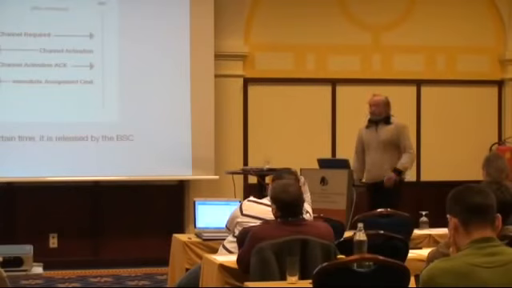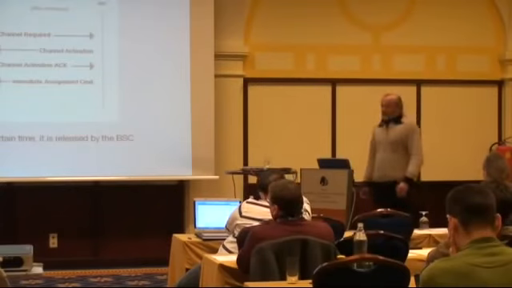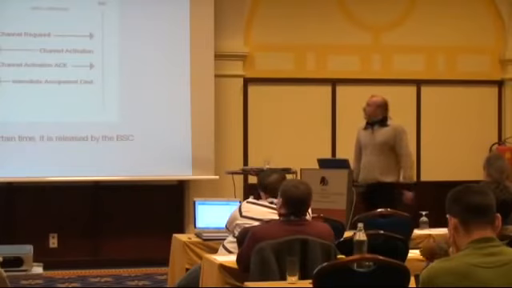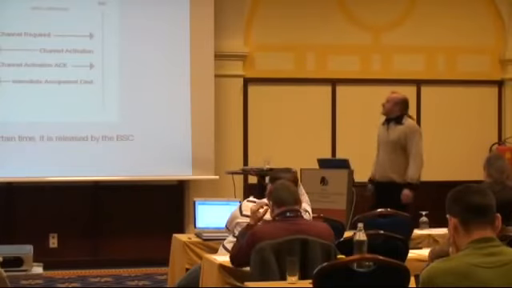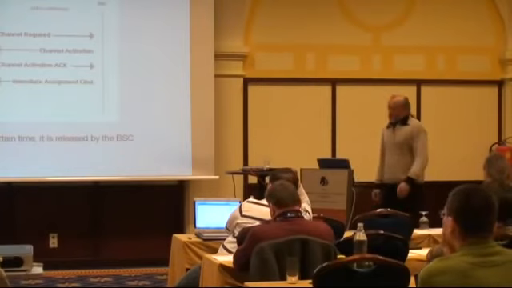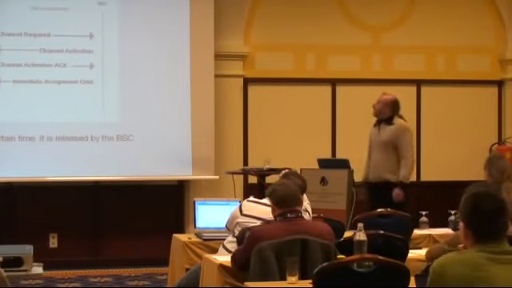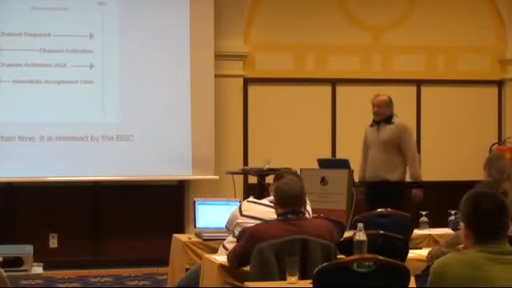What happens inside the network when this burst is received? This burst is called channel request. The channel request is sent with this RACH burst. The BTS receives it, and it asks the base station controller for a channel.